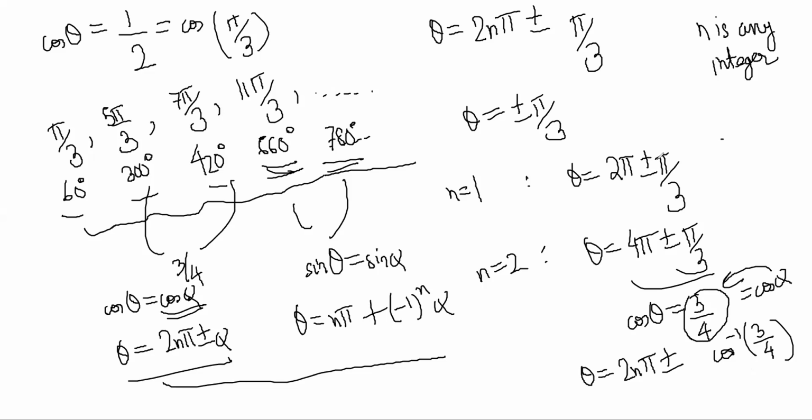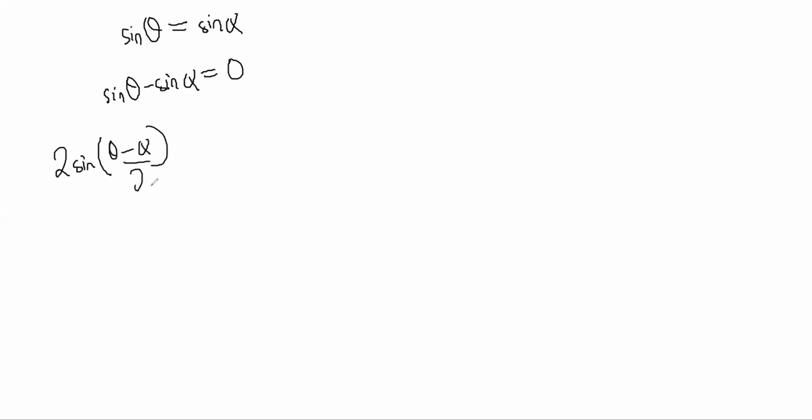Also, you can sort of understand why this formula is coming. Let's try to understand why. Sin theta is equal to sin alpha. Let's do sin theta minus sin alpha is equal to 0. So apply your formula: 2 sin of (theta minus alpha) by 2 times cos of (theta plus alpha) by 2 is equal to 0.